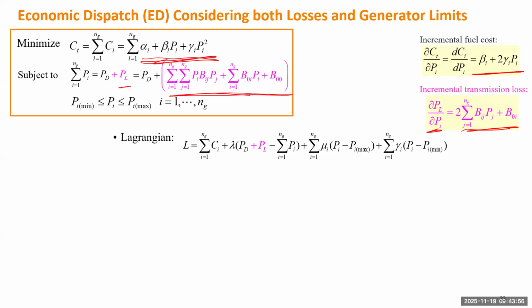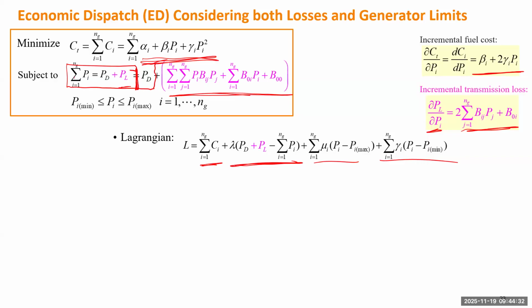Next, we update the Lagrangian function. We still have the total fuel cost, and we have the penalty for violating each generator limit. And for the penalty based on lambda, that's actually the penalty for violating the power balance equation, because now the power balance equation becomes this one. We have to add the transmission loss.